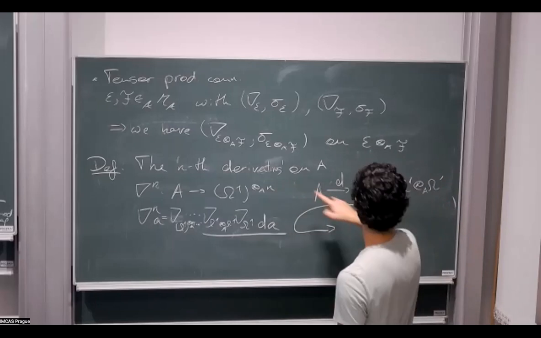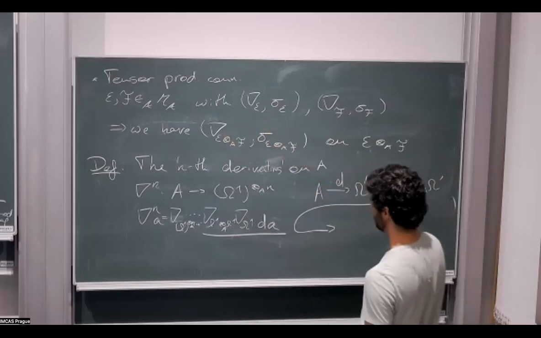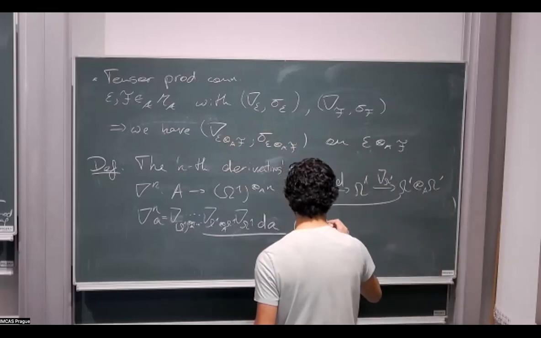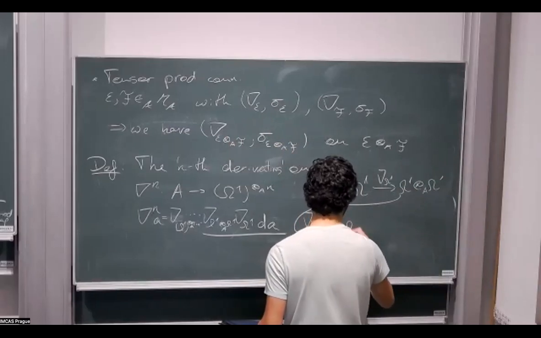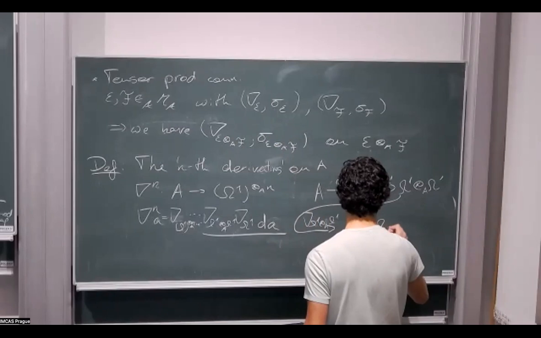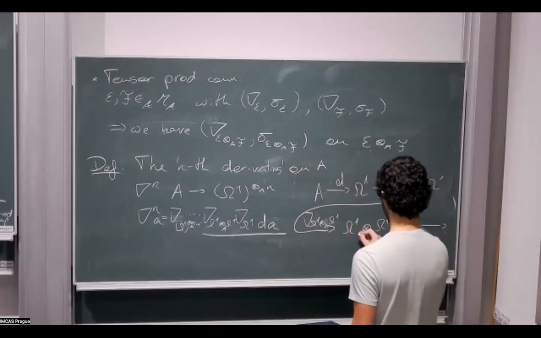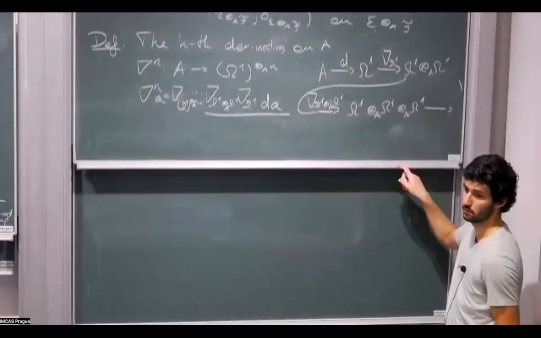So we have a connection on omega 1, build a tensor product connection on this space, which I call nabla omega 1 tensor omega 1, going to omega 1 tensor omega 1 tensor omega 1. Then you do this repeatedly.